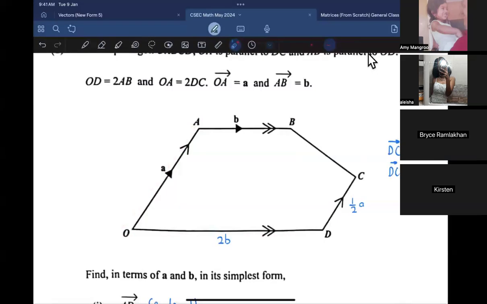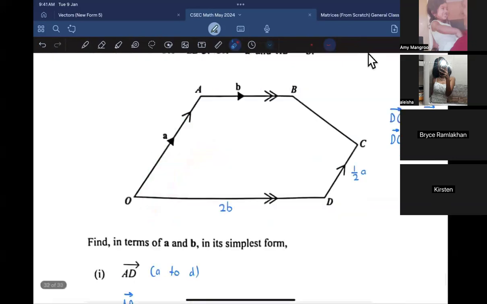Now, that's wrong. If I go from A to O, is that the same direction as O to A? No. So what do we have to do with the positive A? Negative, because we change direction.